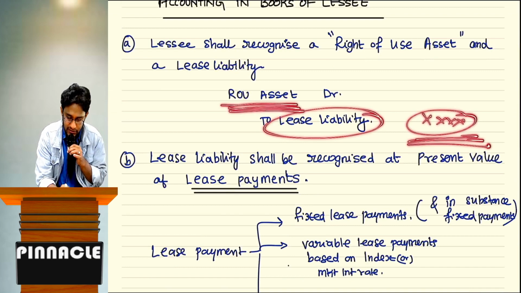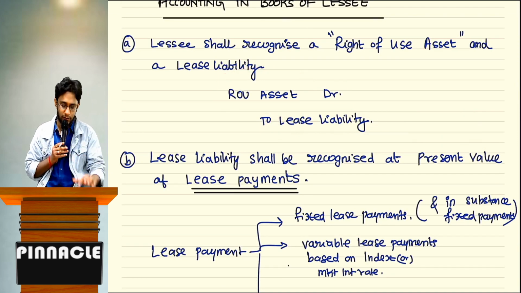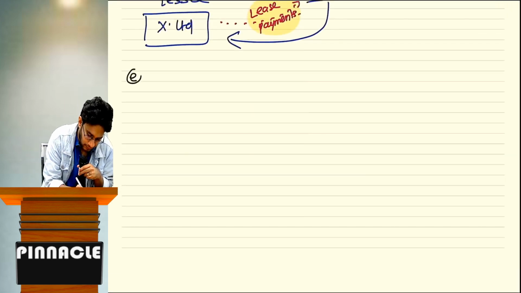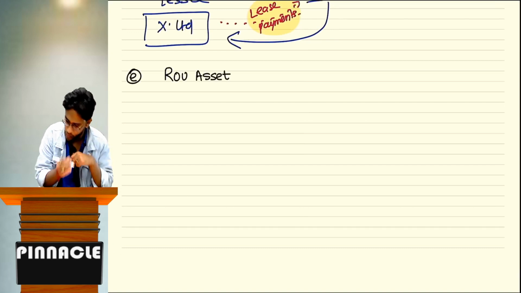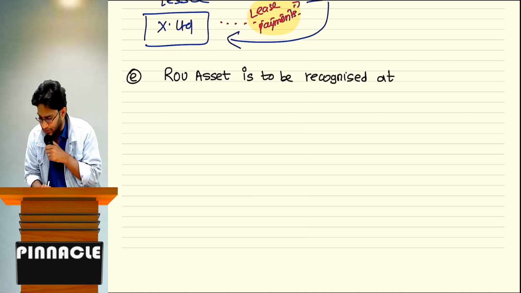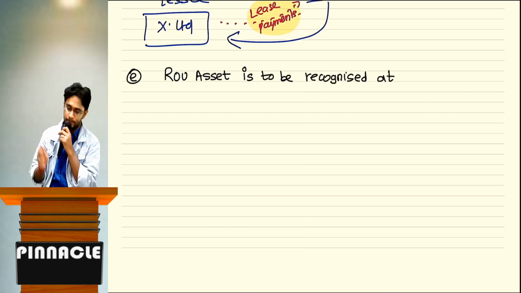Next, what is pending is, the right-of-use asset should be recorded at what amount? There are a total of 5 items, points A, B, C, D, E. I will tell you one item.